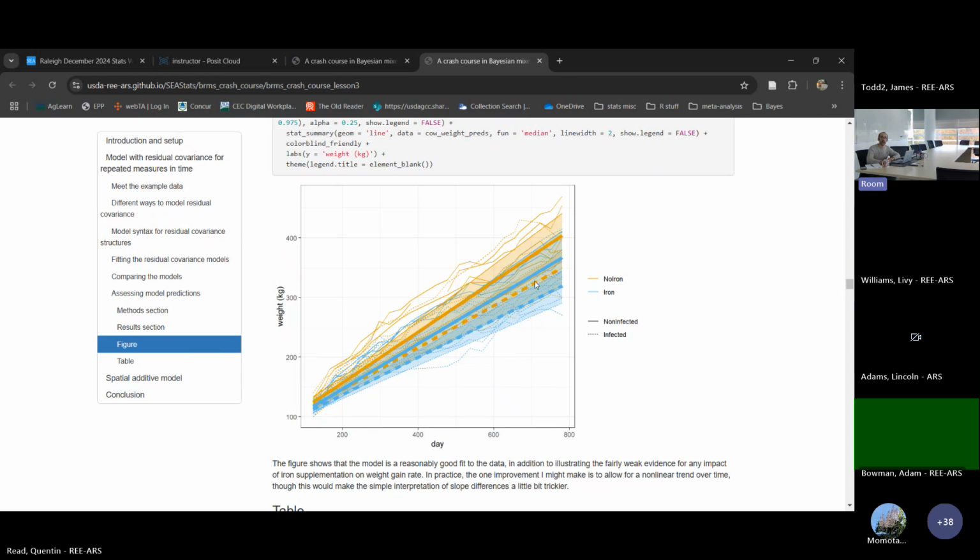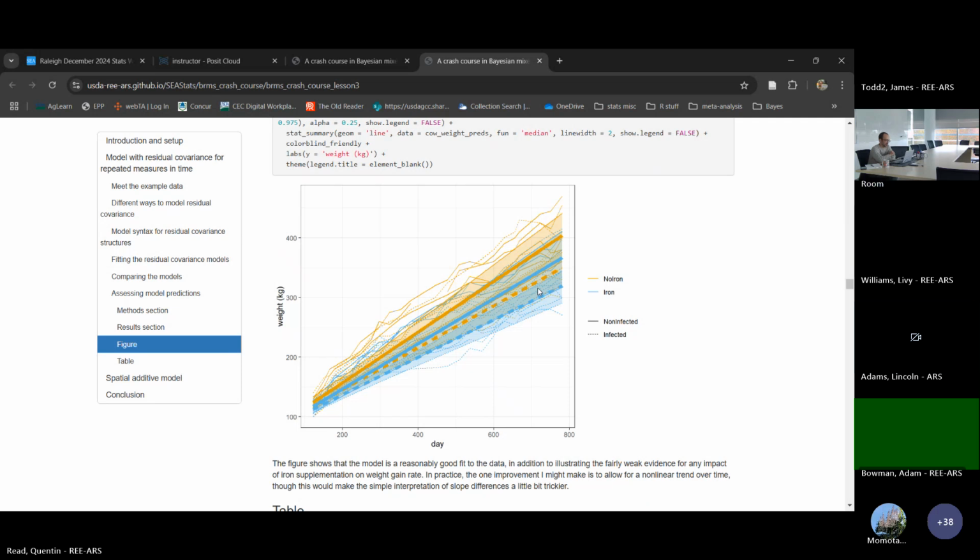But basically, I've put the raw data as thin lines in the background and then these are the modeled trends. And you can see I've put a shaded area for the 95% credible interval around the predictions, and they're quite overlapping. So that helps also illustrate there's not a big difference here. The slopes aren't identical, but the difference isn't big enough to have statistical evidence for a difference.